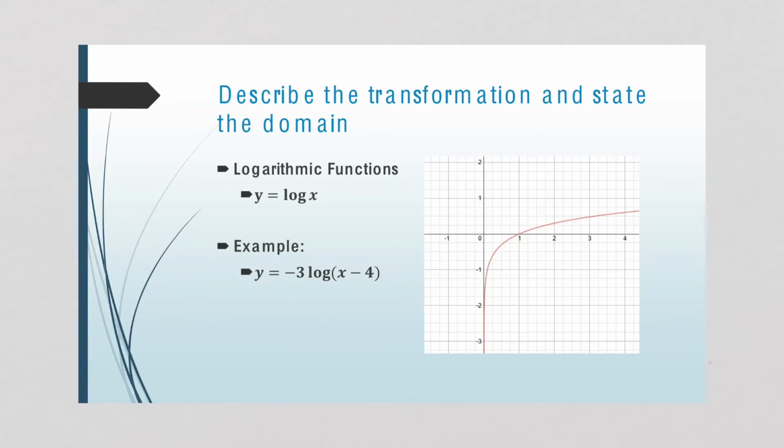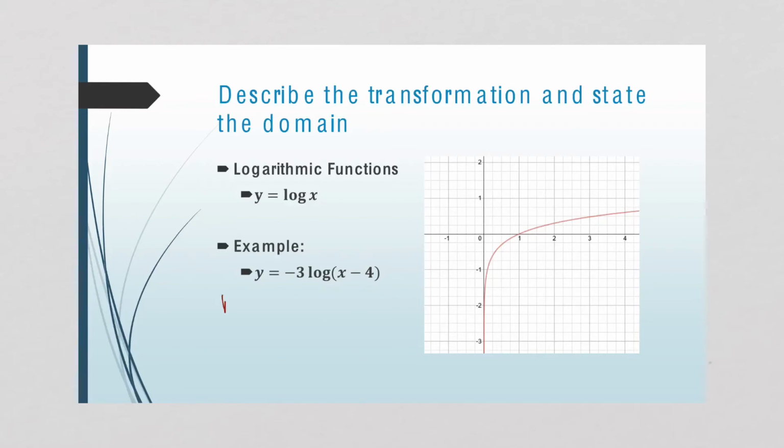Now, the inverse of an exponential function is a log function. And the log function has some interesting properties. Because it's the inverse, when we think about domain, we want to think about the range of the original. So this is a graph of y equals the log of x. I need to describe my transformation, all of which still happens exactly how all of my rules have already been.